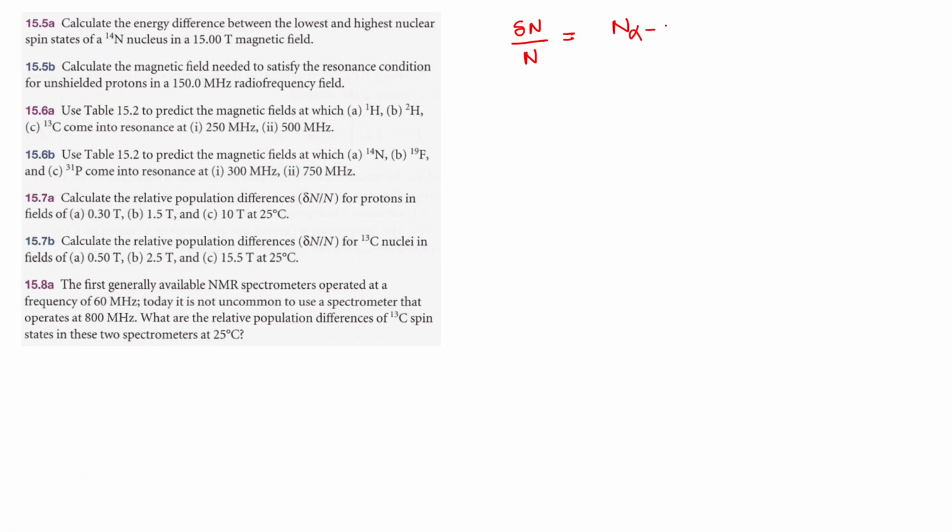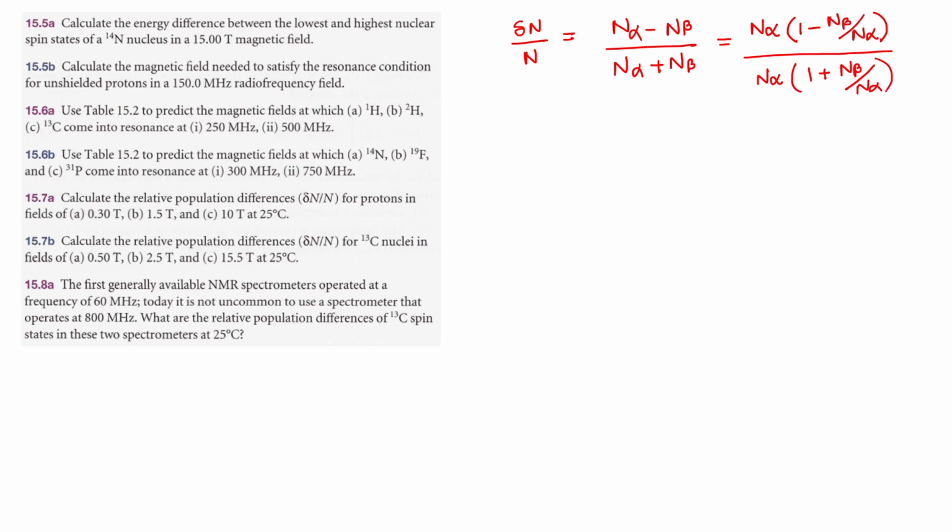Anywhere you can write, divided by the total number of spins, right? If I take n alpha as common, then n alpha will go, and delta n by n will be given as 1 minus n beta by n alpha, over 1 plus n beta by n alpha.